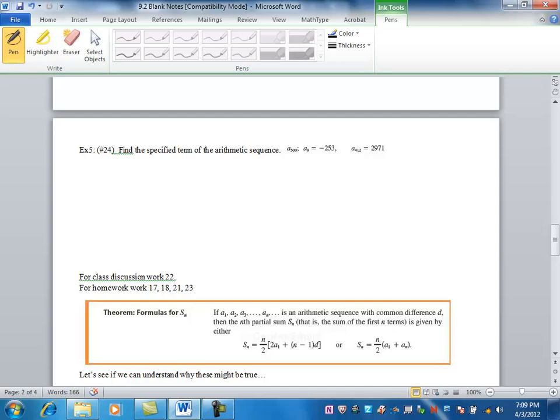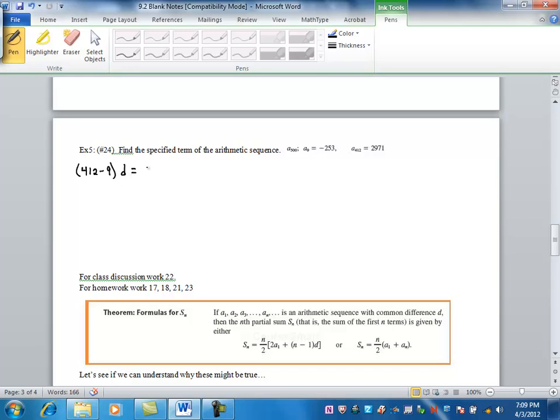Well, first of all, we need to find the value of our common difference here. And so what we're going to notice is there are how many terms between 9 and 412? Well, 412 minus 9 times the common difference. That's how many differences there are to get from the 9th term to the 412th.